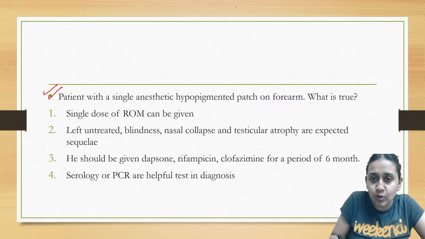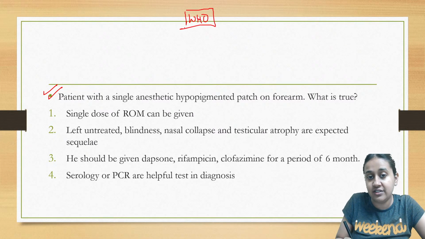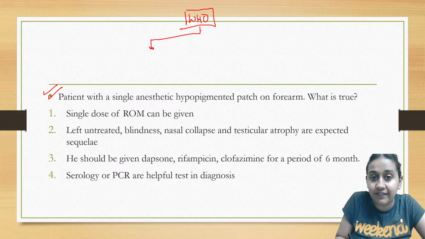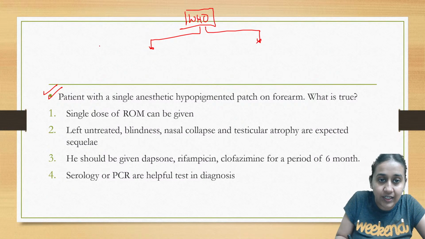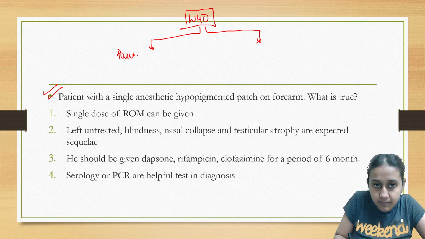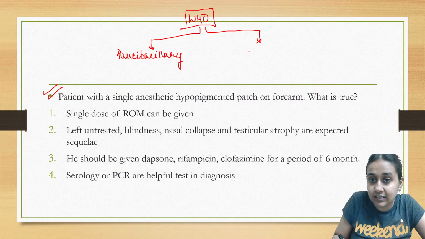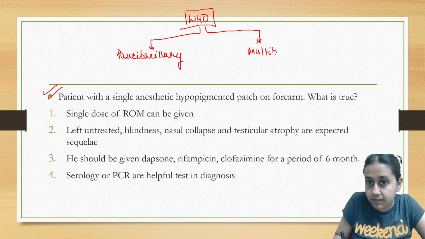Now, what WHO has done is divided the patients into two broad categories so that we can easily treat them. One is the paucibacillary group and another is the multibacillary group.